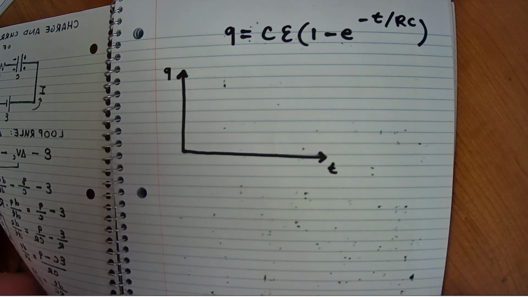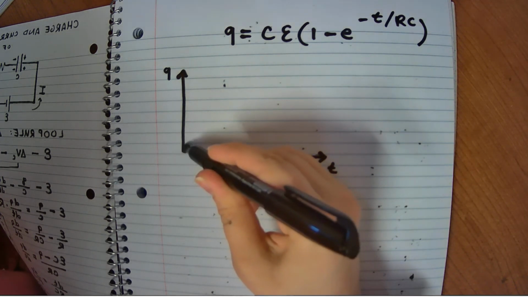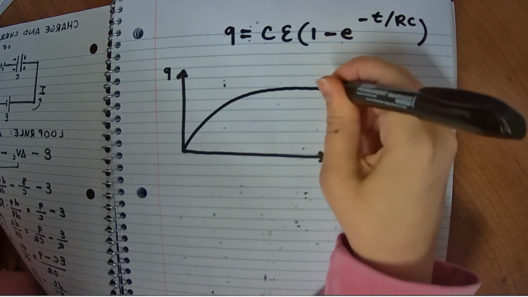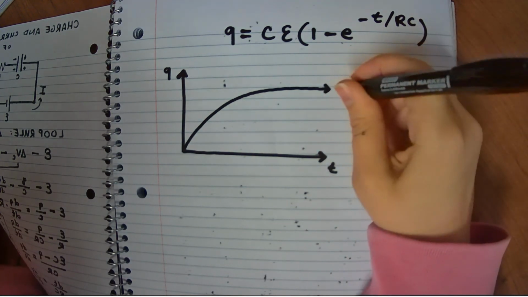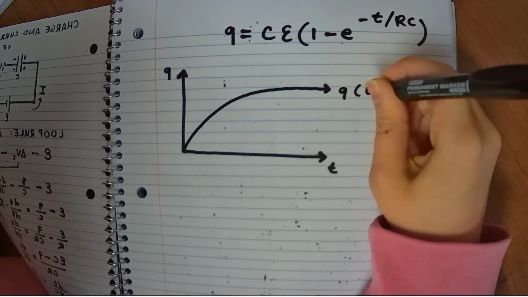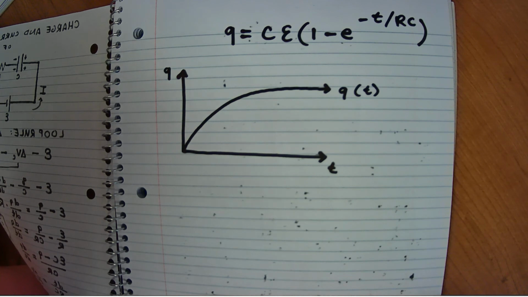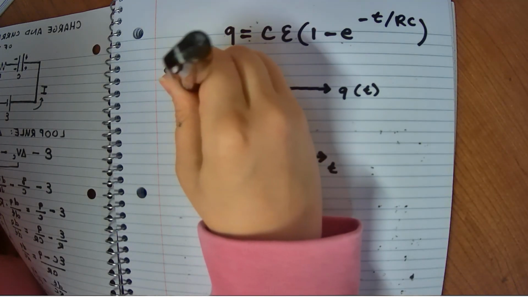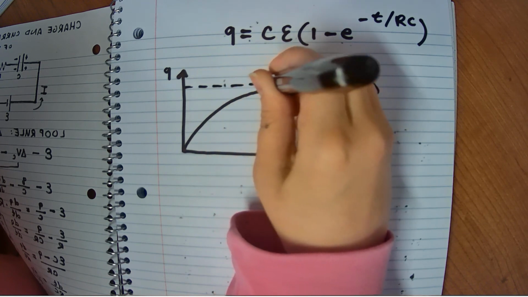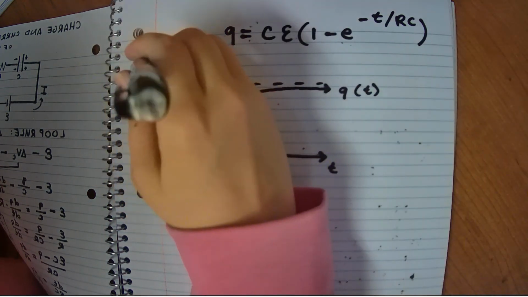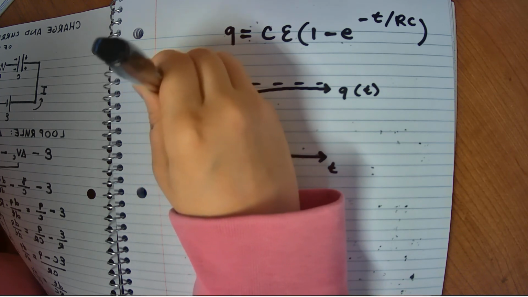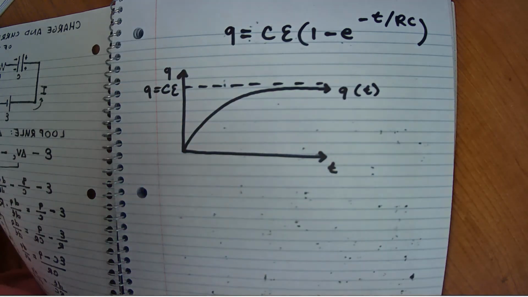If we draw this, we'll find a line that looks like this that tapers off. This is Q of t, and the value it is approaching is Q equal to C EMF.